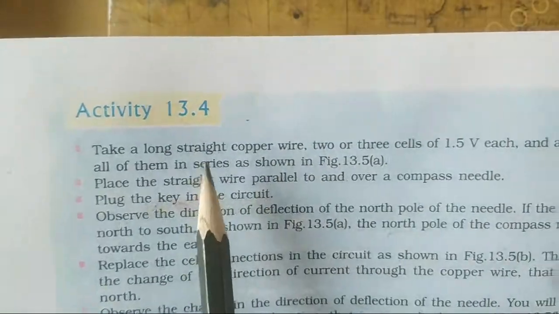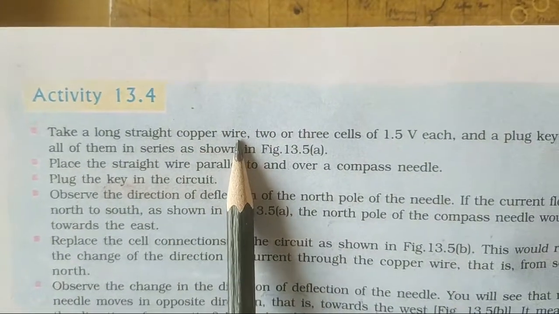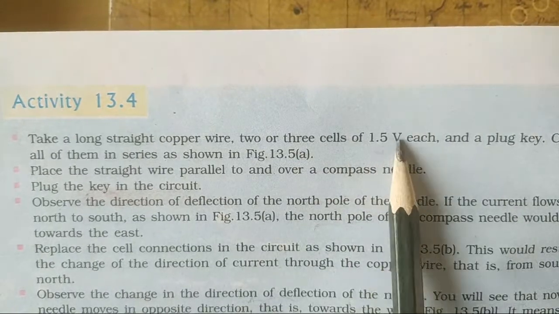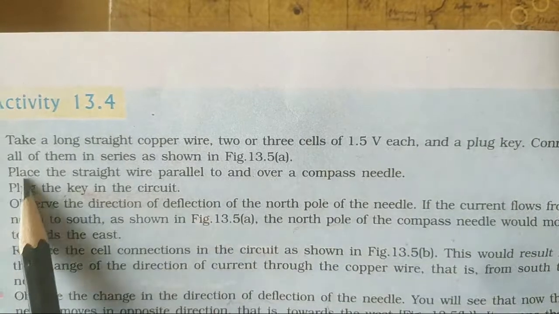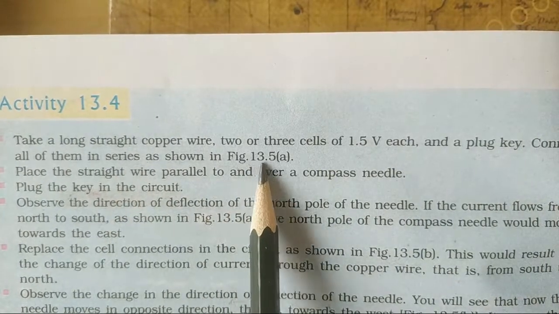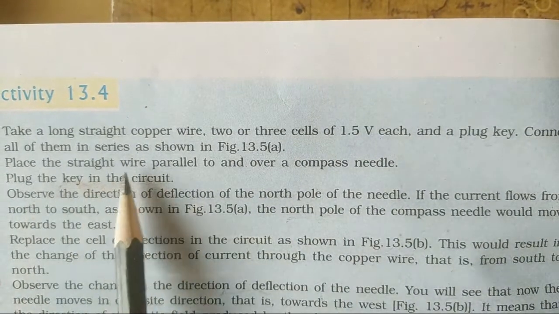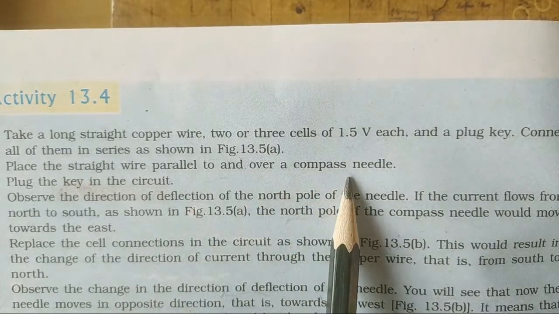Activity 13.4. Take a long straight copper wire, 2 or 3 cells of 1.5 volt each and a plug key. Connect all of them in series as shown in figure 13.5a. Place the straight wire parallel to and over a compass needle.